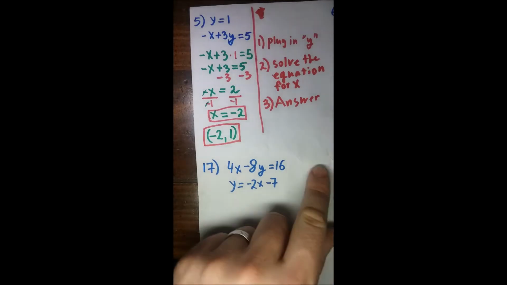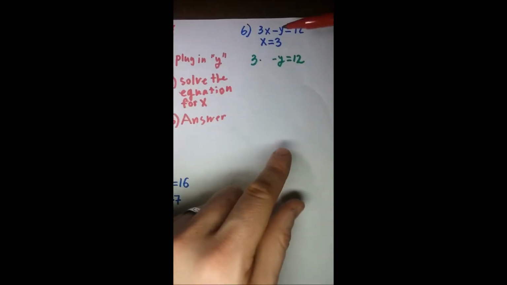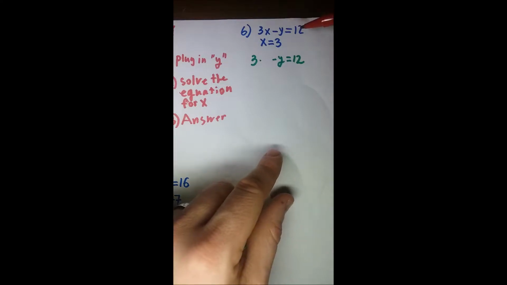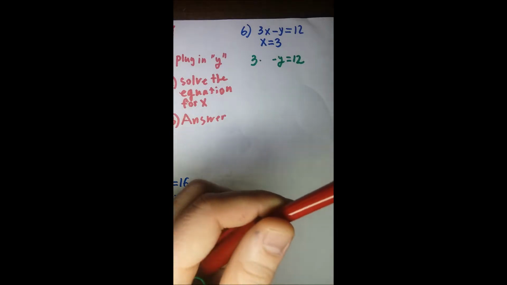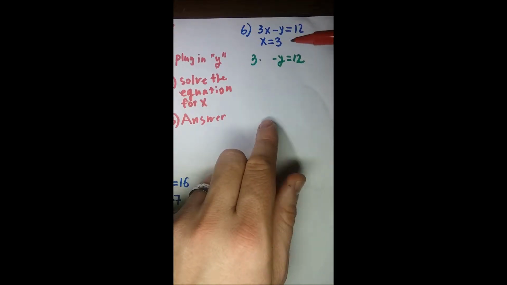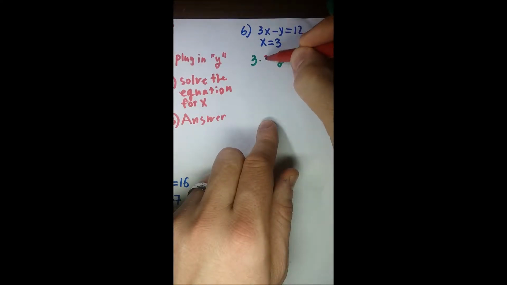Okay. Example 6. Same steps. You're looking at 3x minus y equals 12, x equals 3. Those are, again, two equations. And since x equals 3, now instead of this x, we're going to write down 3.